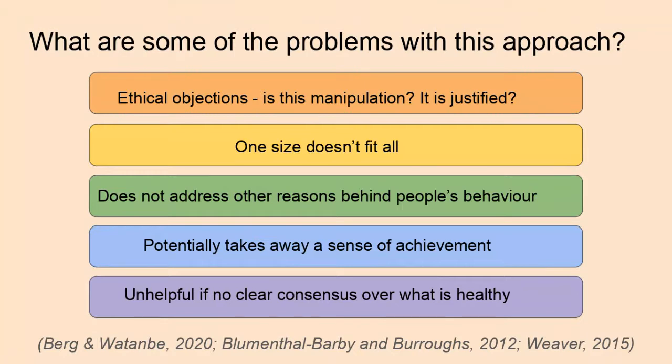Another criticism of this type of approach is that it doesn't address the other reasons behind people's behaviour. It's quite crude in that sense. It makes the assumption that people are doing something because of the way the environment's set up, and there might be other motivations behind it. So, for example, someone may not be using the stairs because they've got a medical condition that prevents them from using the stairs.